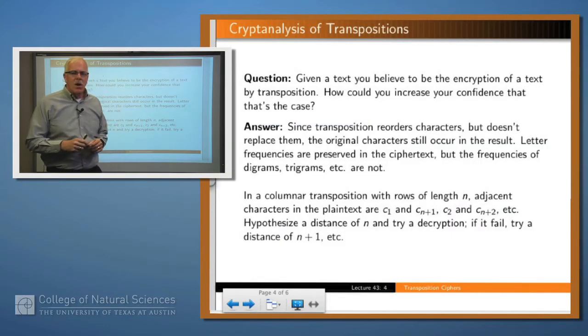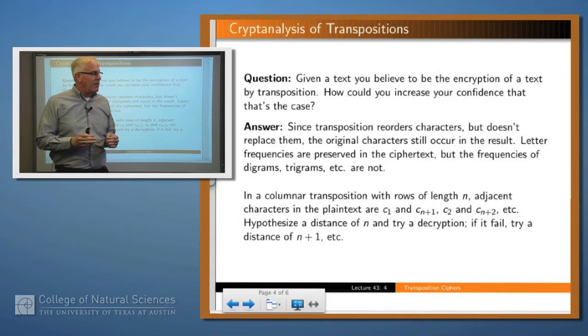Okay, so here's a question for you. If you had a piece of text that you believed was the encryption of a text using a transposition cipher, i.e. only a transposition cipher in this case, how could you increase your confidence that that was the case? Well, you have to think about what it is that a transposition cipher does for you and doesn't do for you, right? So recall that a transposition cipher is all about moving the characters around within a text, but it doesn't change any of the characters.